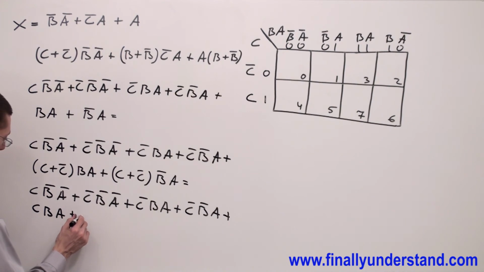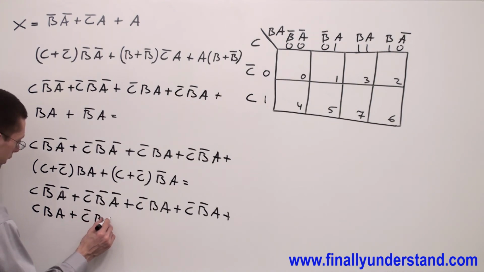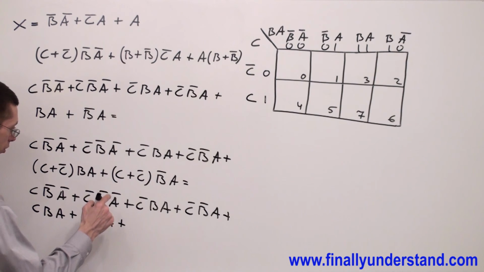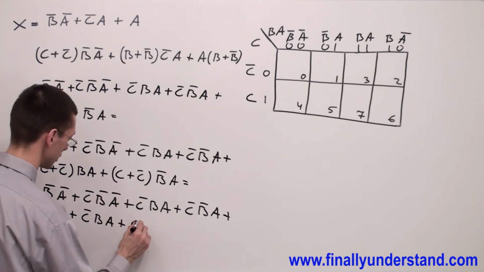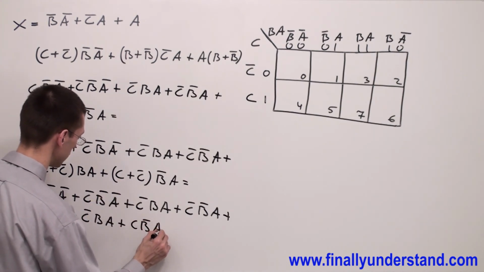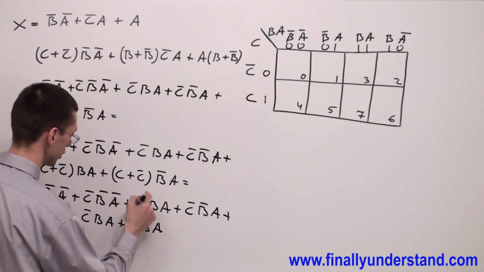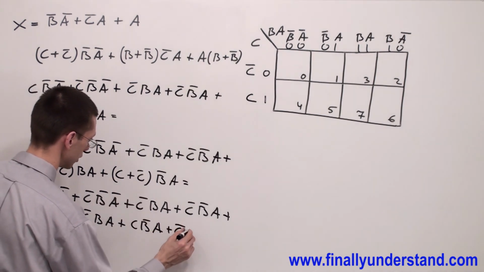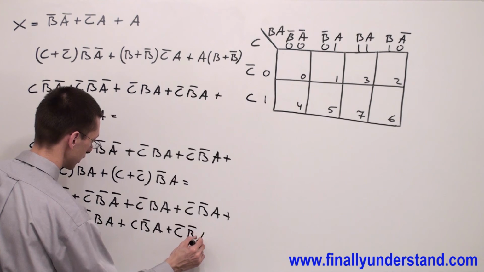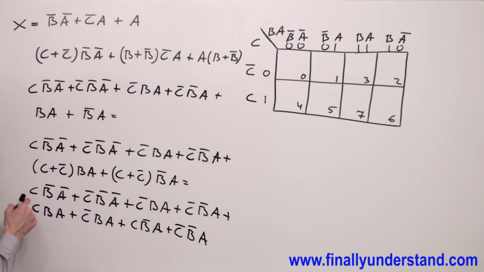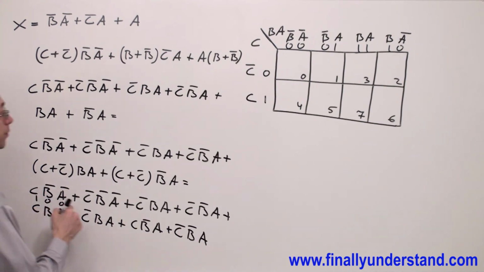Next one I'm going to have C naught, B, A, or C, B naught A, or C naught B naught A. 1 0 0, this is binary 4.